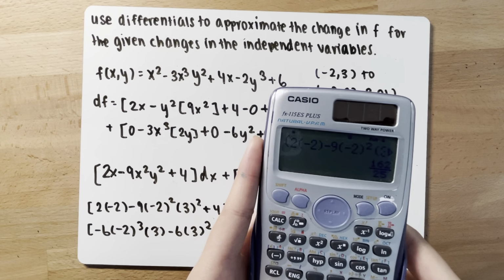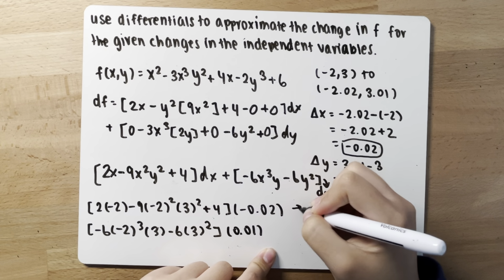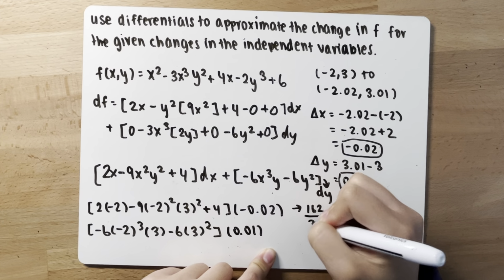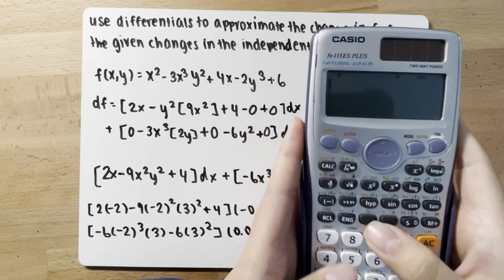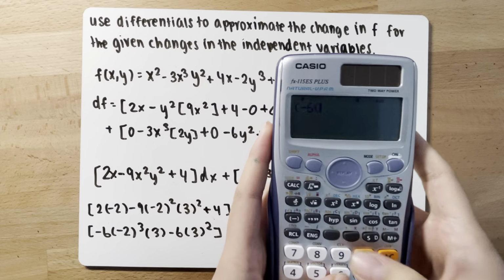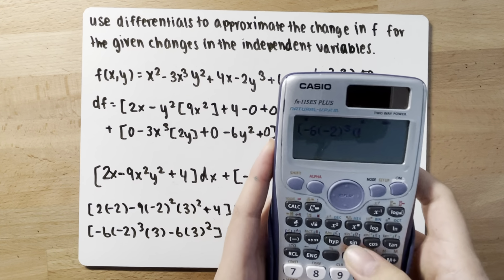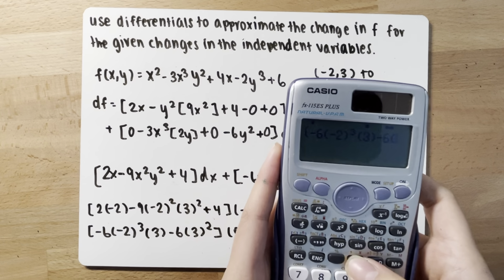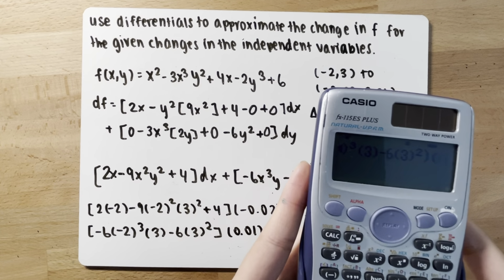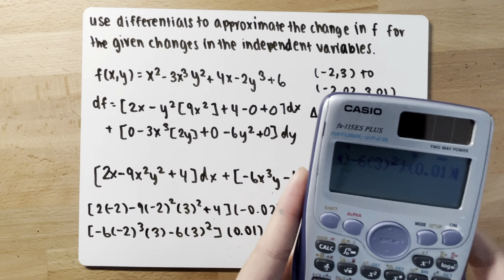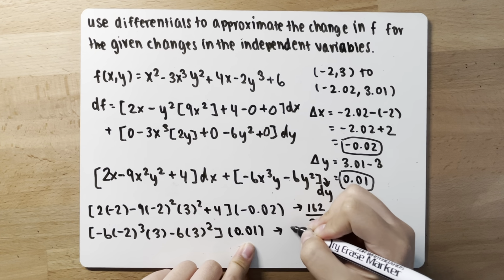You have 162 over 25. So this is 162 over 25. Now for the bottom part, you have -6 times -2 cubed times 3 minus 6 times 3 squared. All that multiplied by 0.01. You have 9 over 10. So this is 9 over 10.